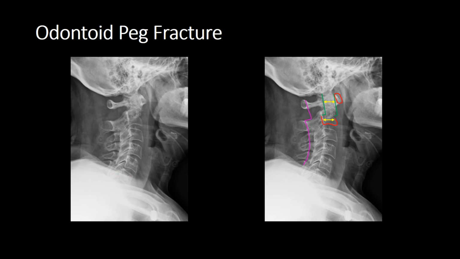Let's go to the pedicles. Let's look at the posterior arch of C1. Let's look at the articular pillars. Let's look at the lamina. Spinous processes.